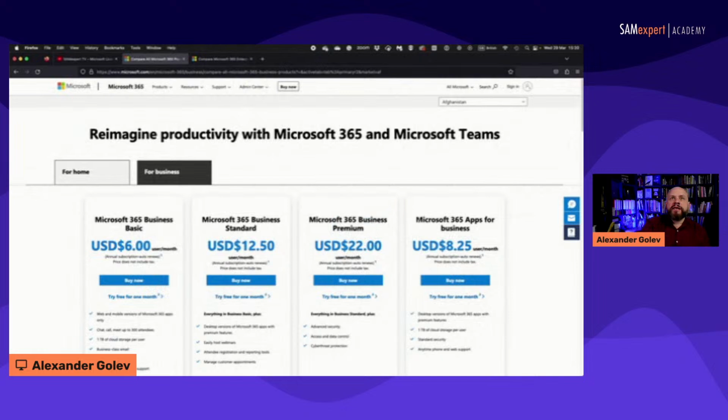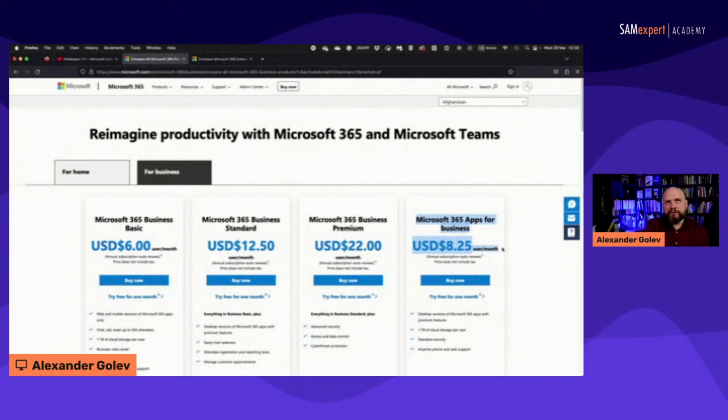You may also notice that they have this license, which is a very interesting license. Unlike the other licenses, which are basically Microsoft 365 with online services, online Exchange, online SharePoint, Skype, Teams, depending on the package, this one is purely for downloadable applications.